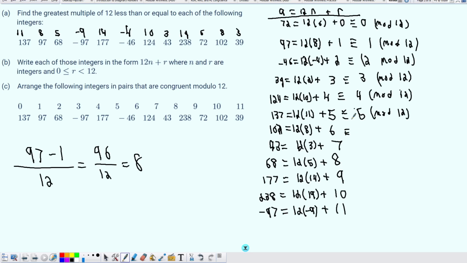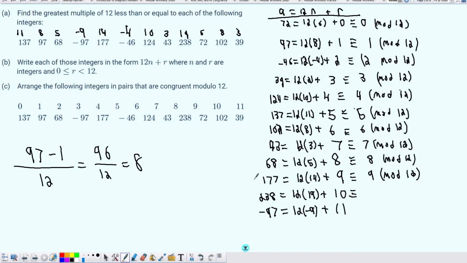Then we have that 102 is 6 mod 12. 43, 7 mod 12. 8 mod 12 for 68. 177 is 9 mod 12. 238 is 10 mod 12. And finally, negative 97 is 11 mod 12.